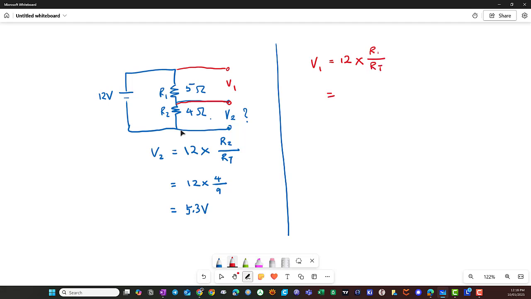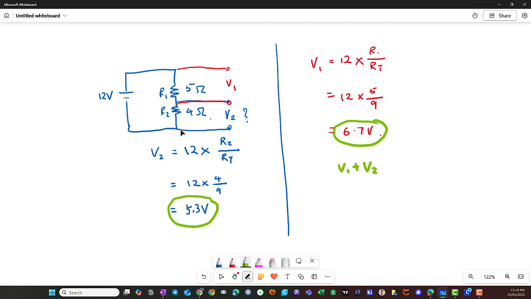That equals 12 times R1, which is 5, divided by the total, which is 9. So this is equal to 6.7 volts.